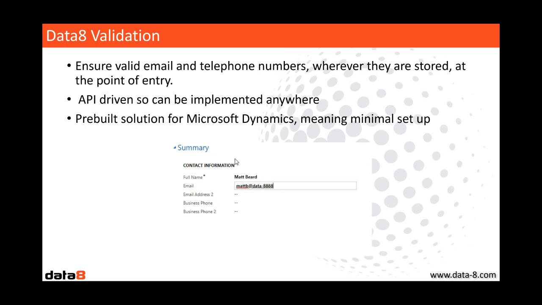For email addresses and for phone numbers, again, just as you type, you're getting immediate feedback on whether the data is valid or not. In some cases, we can suggest corrections, and same again for phone numbers. So again, just working how a regular Dynamics user would expect it to work. So there's no learning curve here. These are embedded as natively as we can within the Dynamics user experience.